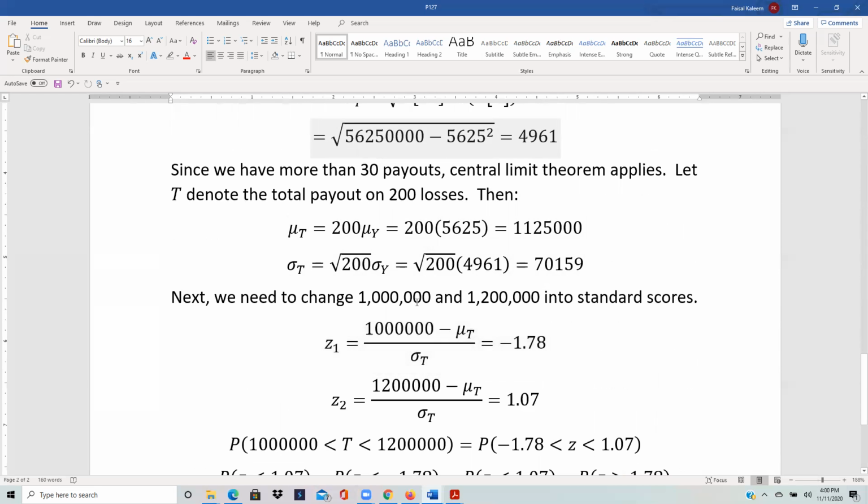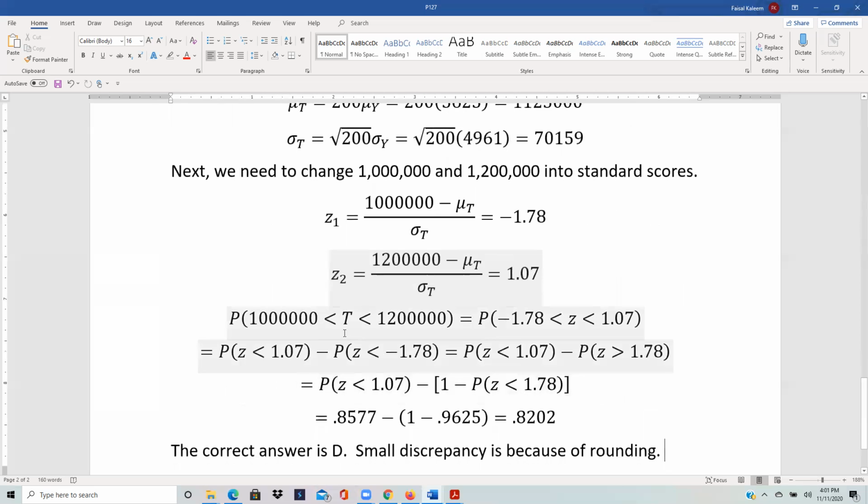These are the total losses, so the mean of total losses, 1125000, will be used in this standard deviation. And that ends up being negative 1.78. Similarly, the 1.2 million ends up being 1.07. Therefore, the probability of T between 1 and 1.2 million is the same as Z between negative 1.78 and 1.07.